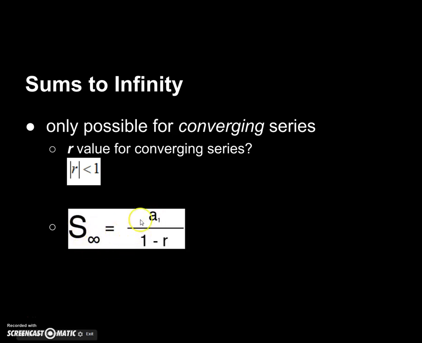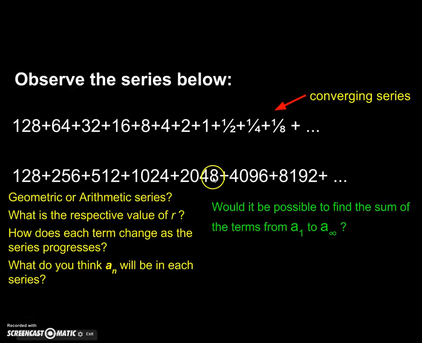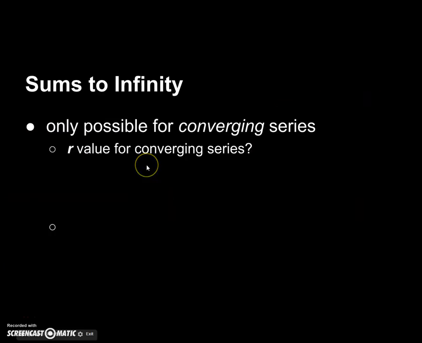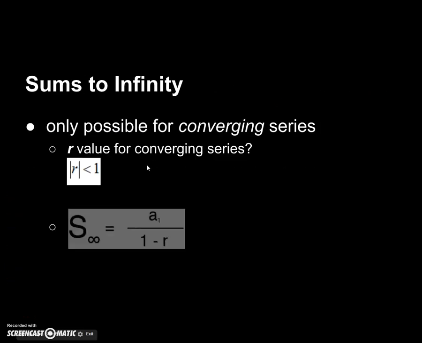Now, this is simply the formula, and this is also in your formula booklet. Your A1 is your first term, your R is simply the common ratio that you calculate that brings you to the next term, right? The R value. Alright, so let's say today I want you guys to write this down somewhere in your notebook.